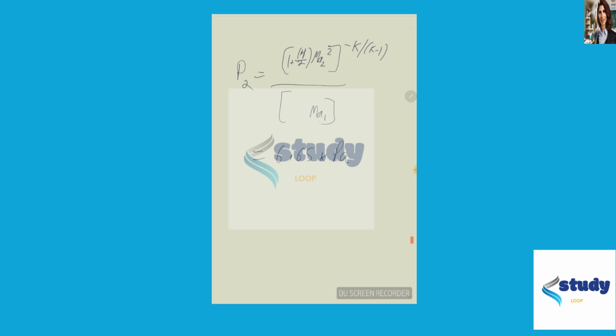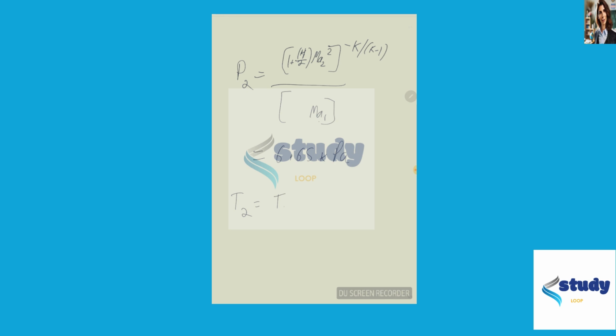And again, in that same discussion on page 875, they tell us that we can find T2, the density, etc., using the isentropic relationship. So I will write down the isentropic relationship here for you.